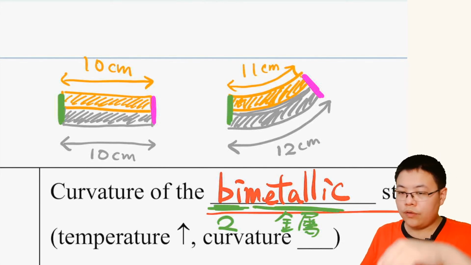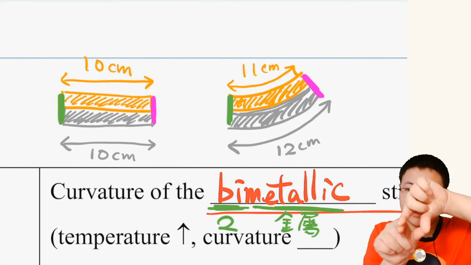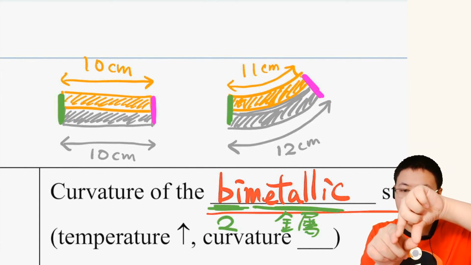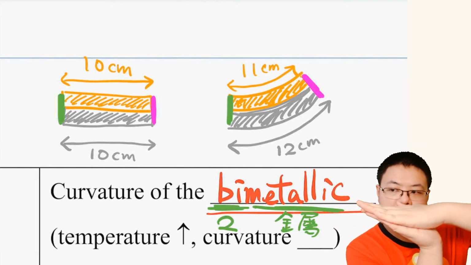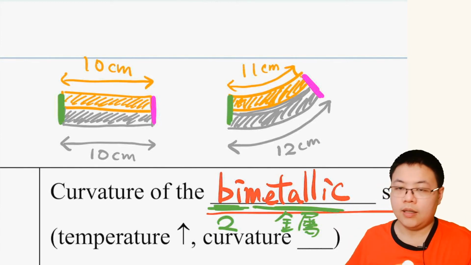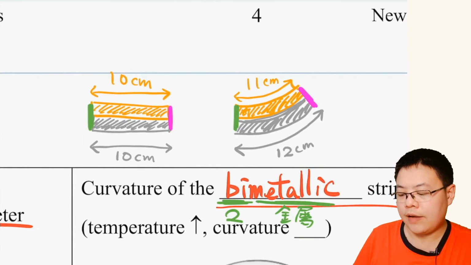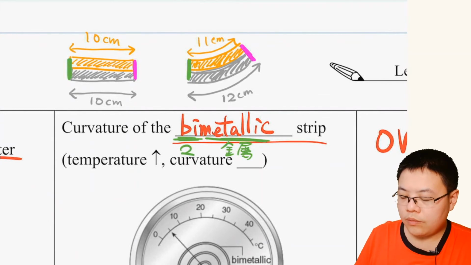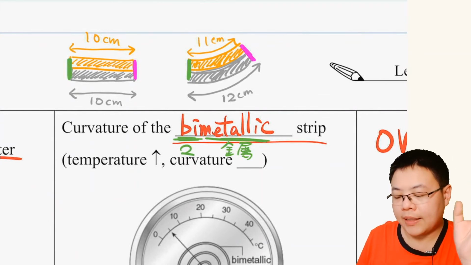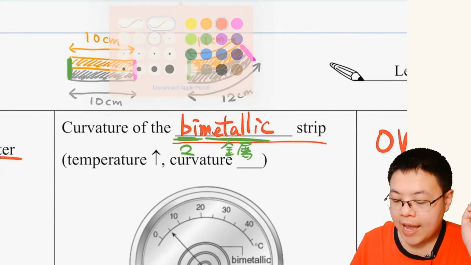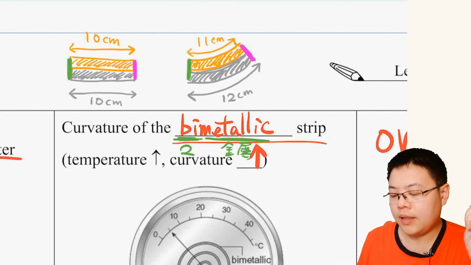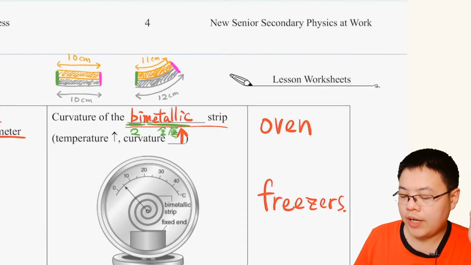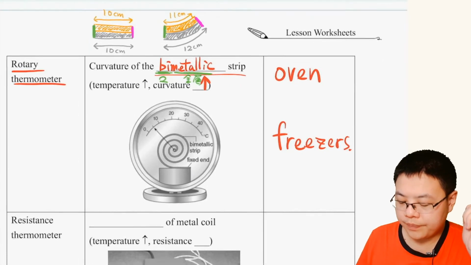Okay, so when the two are fixed together at the beginning and the end, this one wants to expand longer, but this one doesn't expand as much, so the result is it will twist due to this difference in the level of expansion. What we call the bimetallic strip, and the curvature increases with the temperature. Okay, application is ovens and freezers.